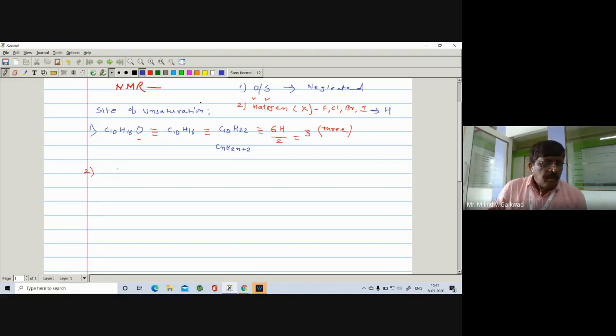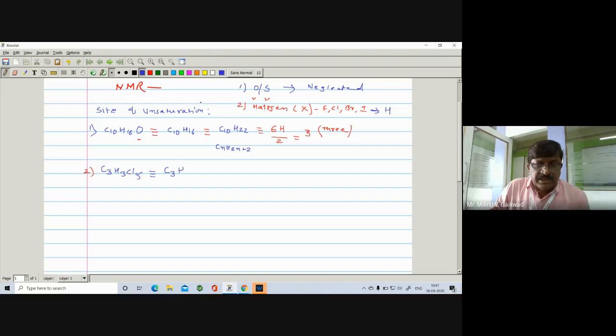For example, suppose you have the molecular formula C3H3Cl5. Again the same thing: when there is a halogen, you replace the halogen by hydrogen.